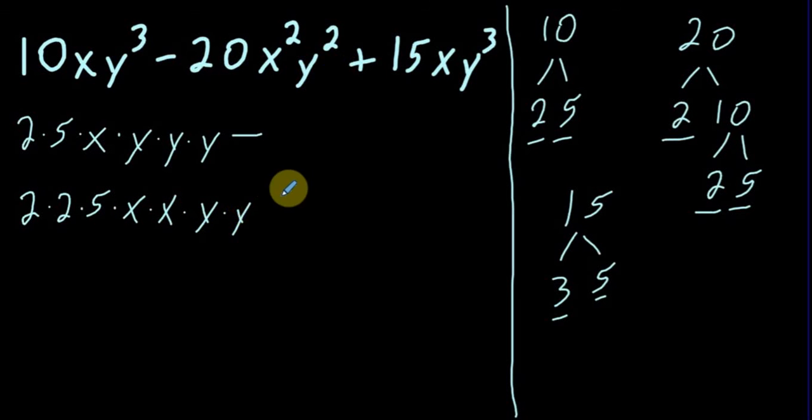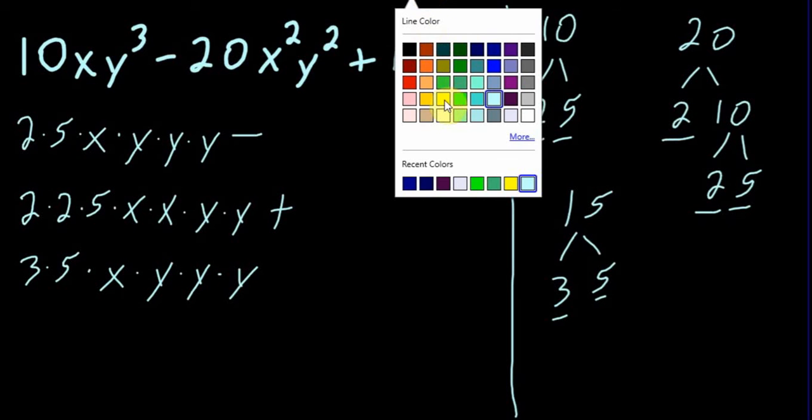And after that, we got a plus sign. And then 15, remember 15 was 3 and 5. So 3 times 5, and then 1x and 3 y's. Now we look for the greatest common factor.